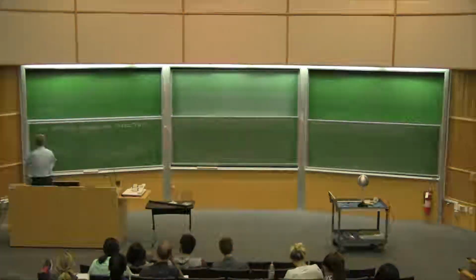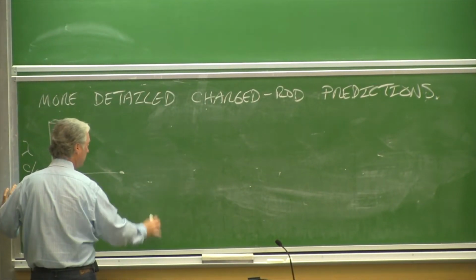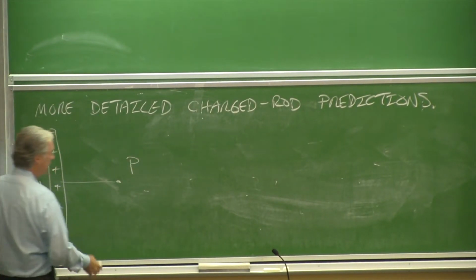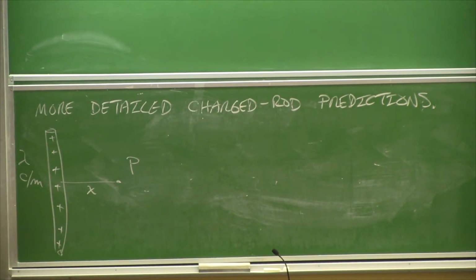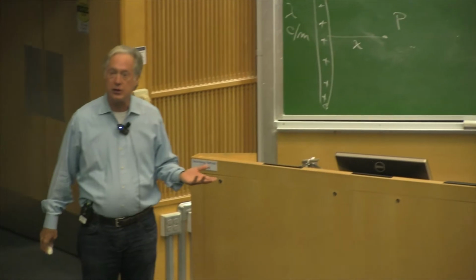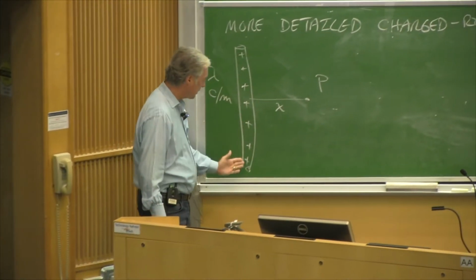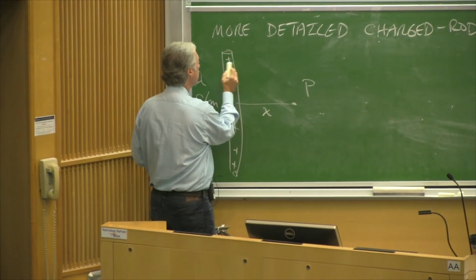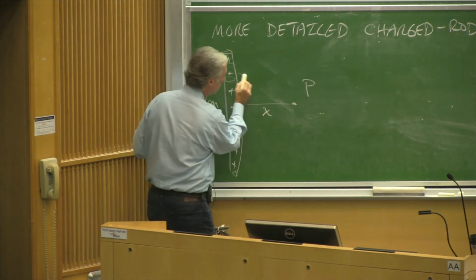We're going to go out somewhere from that rod to this point I labeled as P. So point P. And that is some distance x out there. I'm going to try to find the total electric field at that point x. So let's look to begin with. If I have all of these charges here, maybe there's some little chunk of charge, and I'll indicate it by a little cylinder of charge here.